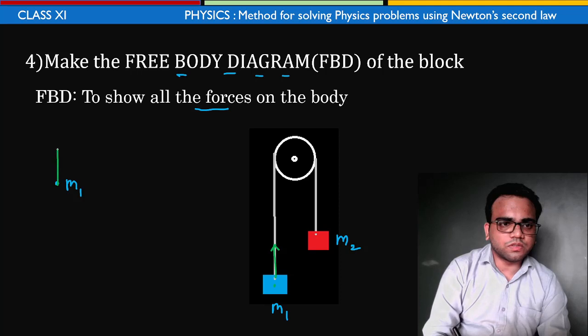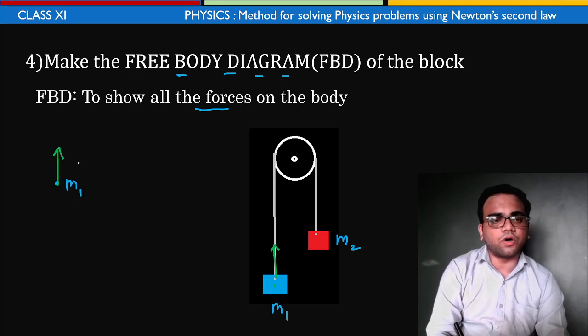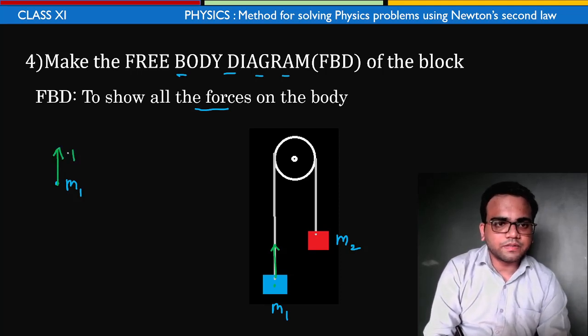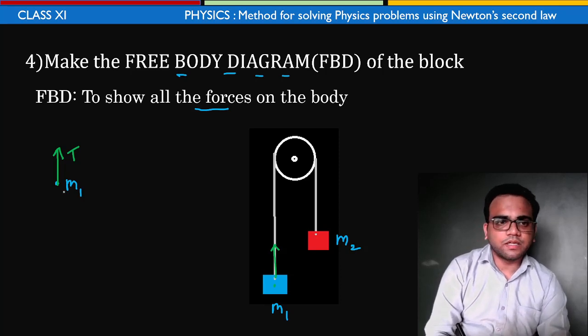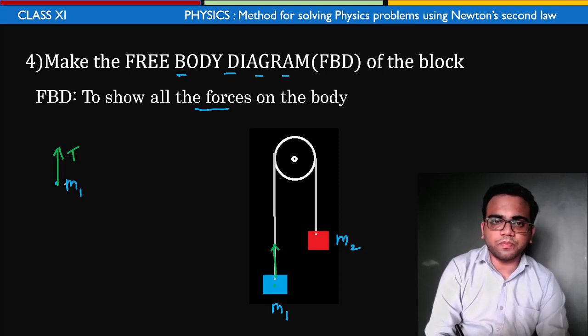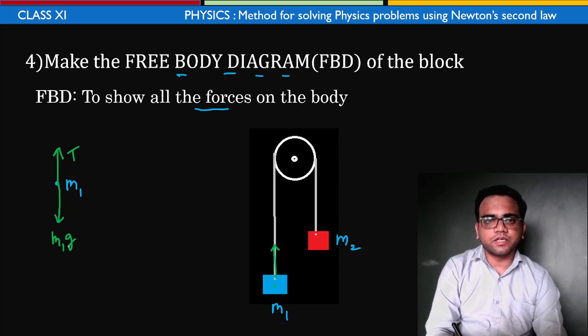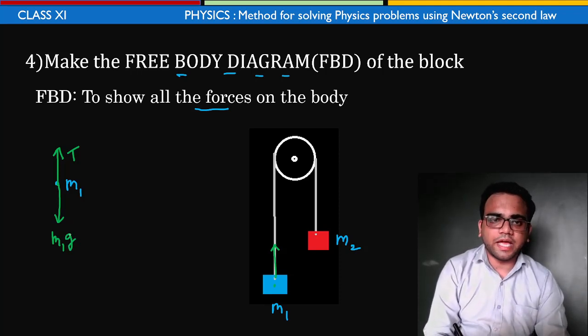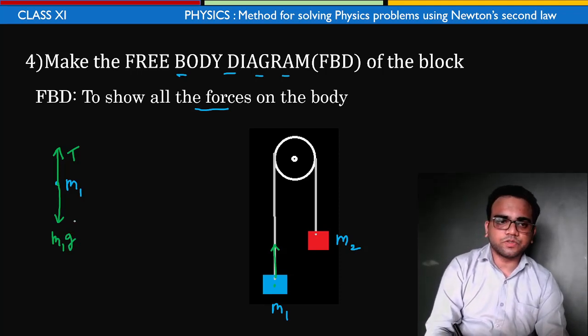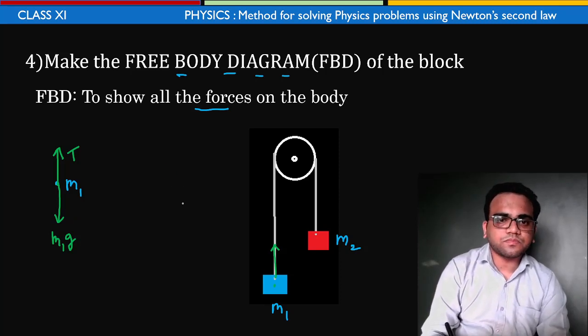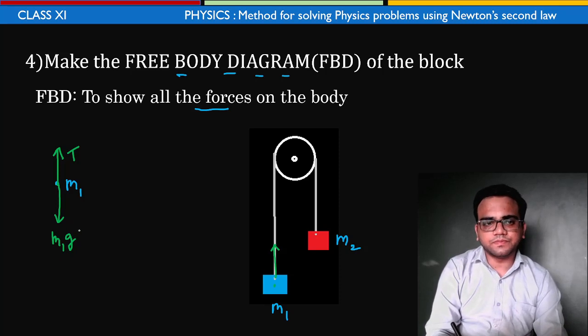So the tension due to the string on that mass will be denoted by T. And there will also be a force, m1g, the weight. You denote the weight with mg. You know this thing, I think. If you know, I am telling you the weight is mg.